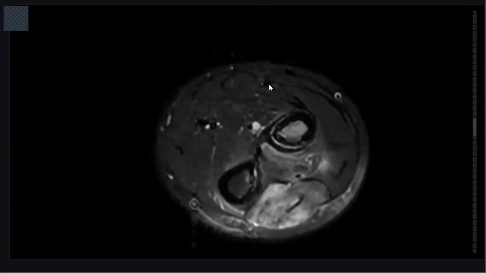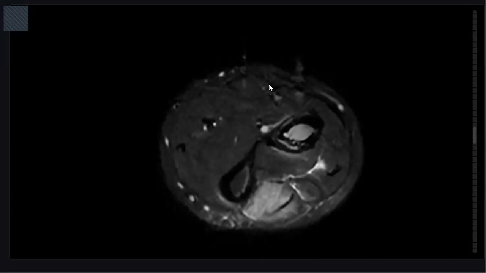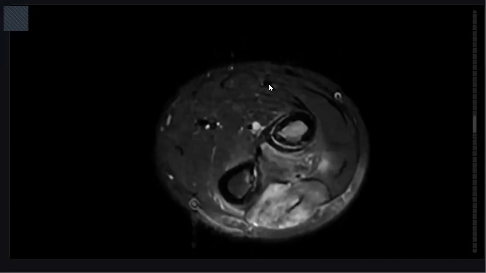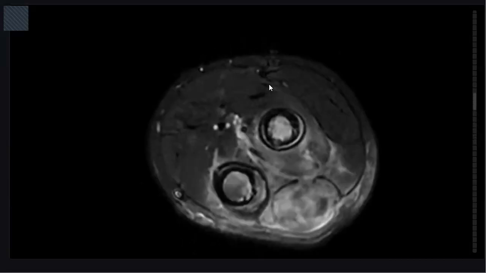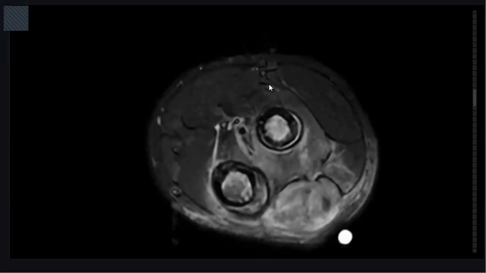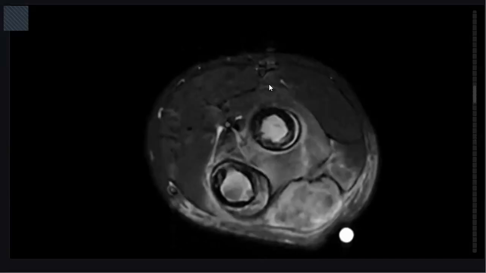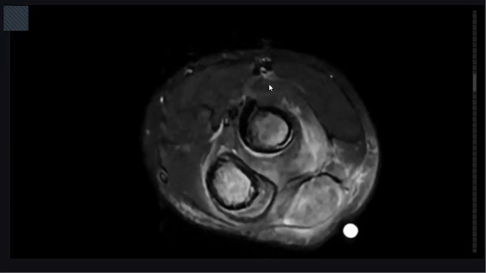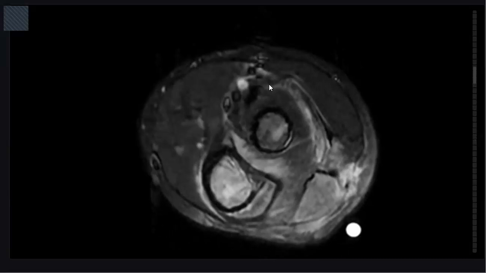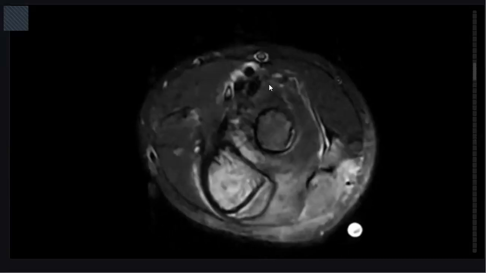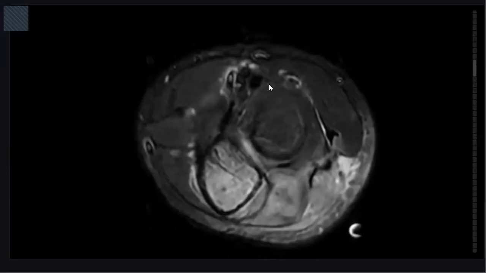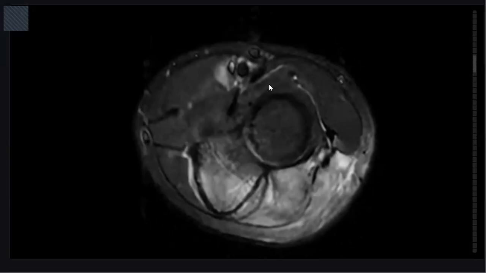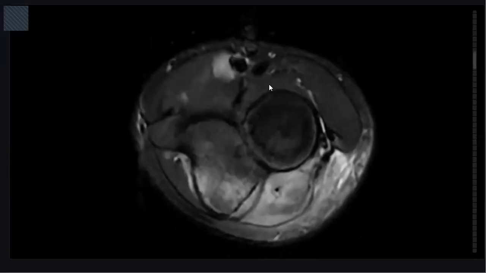I'm still scrolling through the images, detecting any abnormal cortical breach at this region. Still, I am seeing significant periosteal reaction. There is thinning of the cortex at this area, and also ill definition of the cortex at this region.